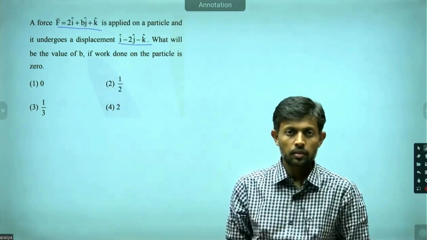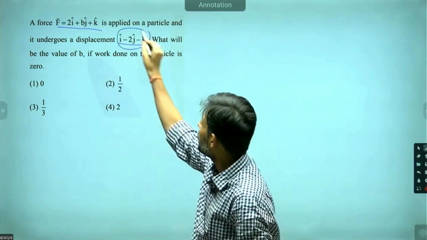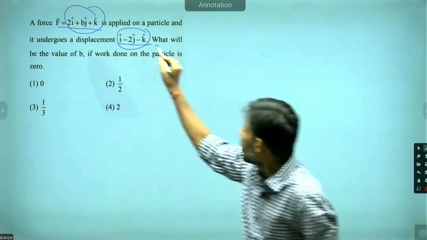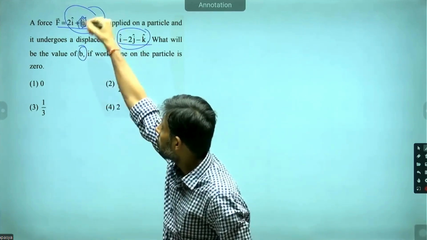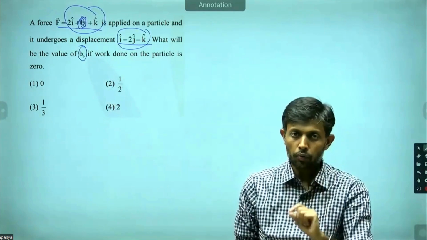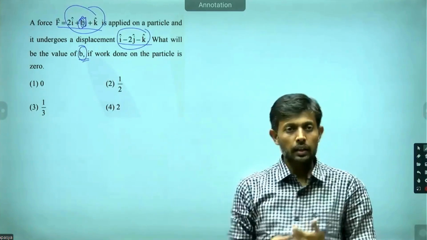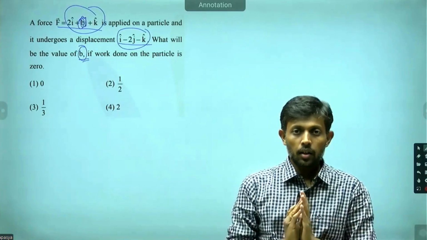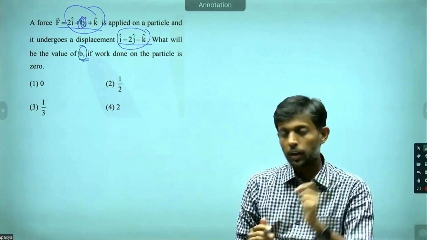Force and displacement vectors are given to us. What will be the value of b? Here is b, the y component of force. What would be its value if the work done on the particle is 0? So we know that work done is 0, and that will help us find the value of b.